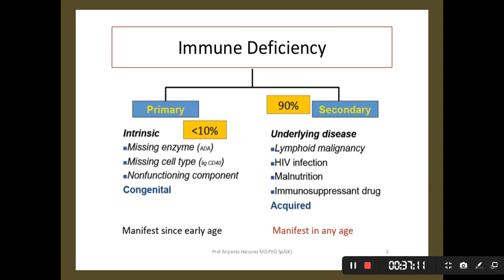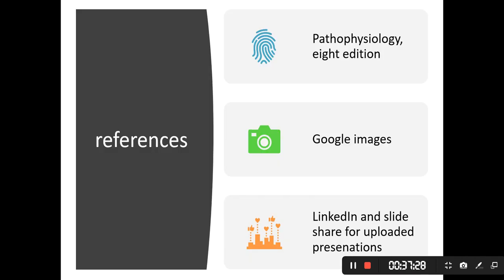Those are the acquired conditions, and they can manifest at any age. Primary is since birth, but this is acquired later, so it can manifest at any age. So this is about immune deficiency.